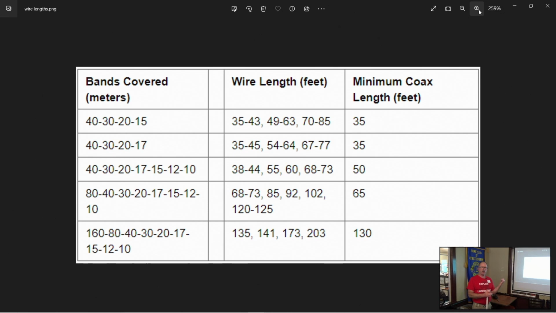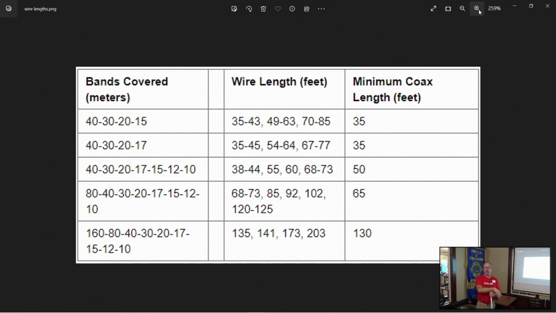And essentially, if you want to cut and measure and use your NanoVNA, you put your antenna up as you intend, and if you can find a length that gives you around 200 ohms on each band, you use a 4-to-1 transformer at the feed point, you've got 50 ohms.